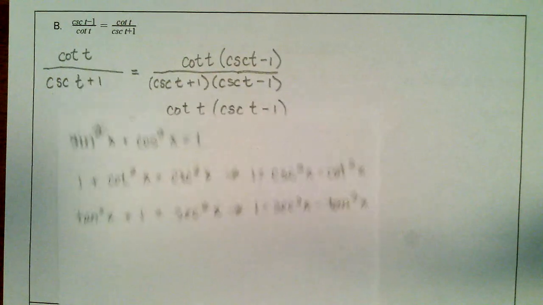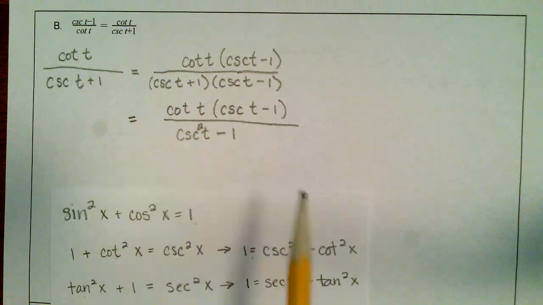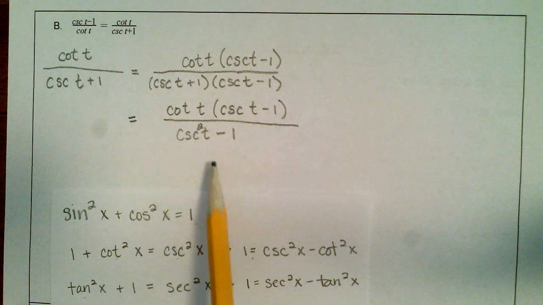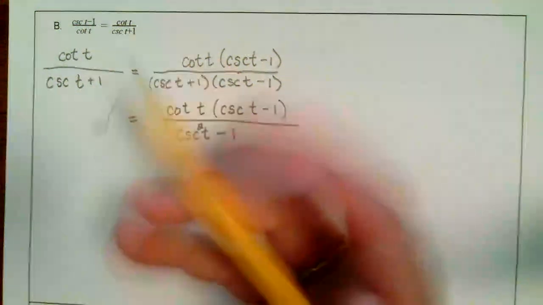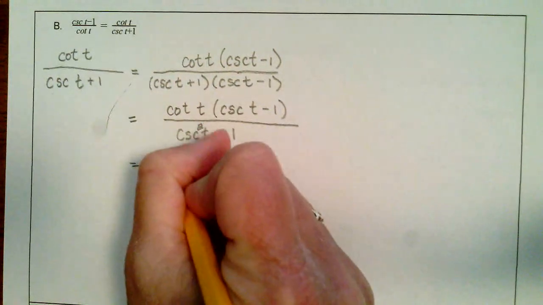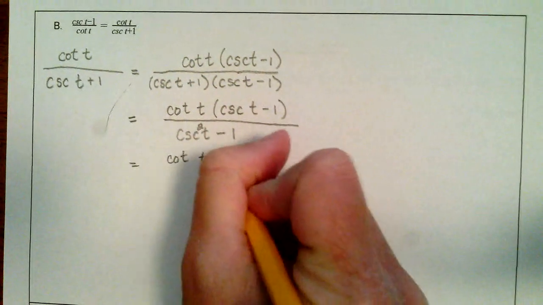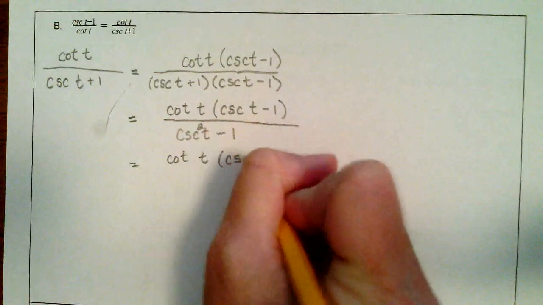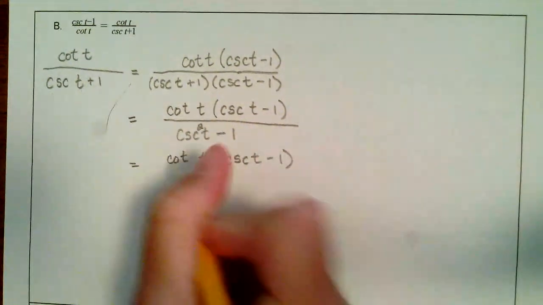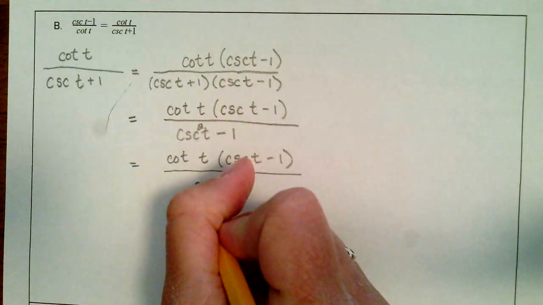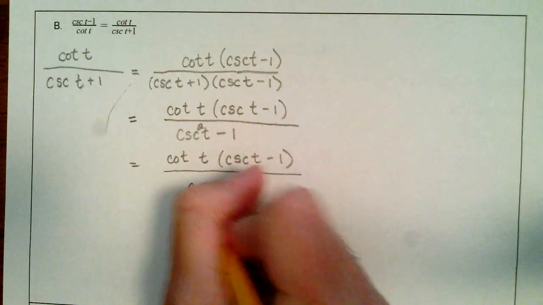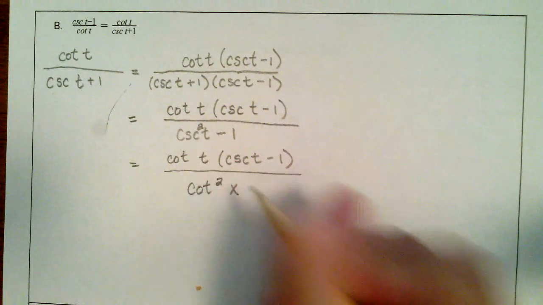So now I can see that my cosecant squared, if I look at this, cosecant squared minus 1 is going to be equal to cotangent squared of x. So this is going to become cotangent t times cosecant t minus 1. And my cosecant squared t minus 1 is equal to the cotangent squared of t.